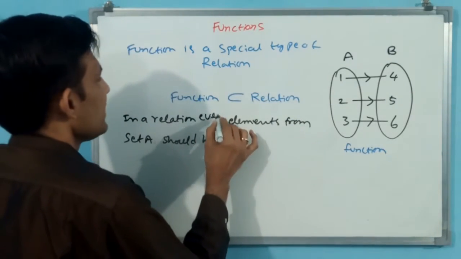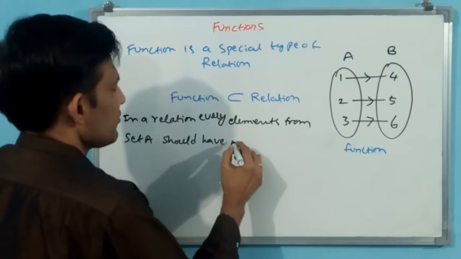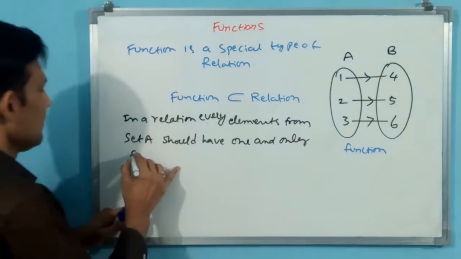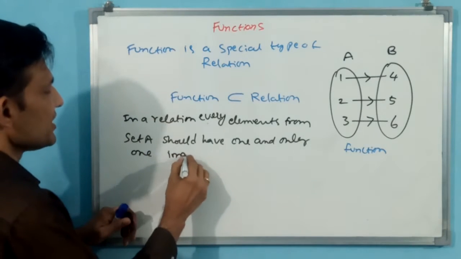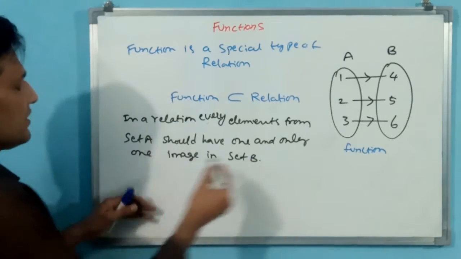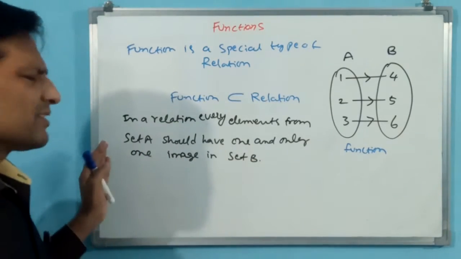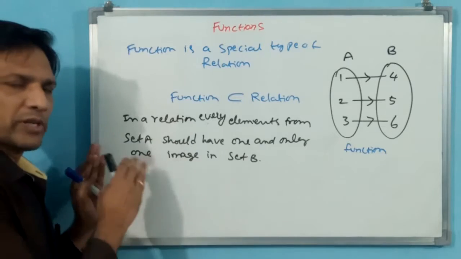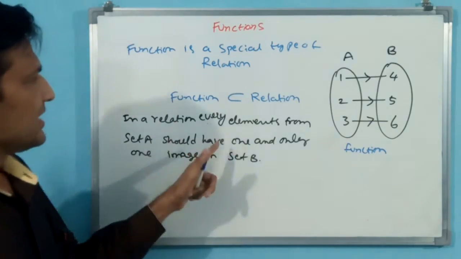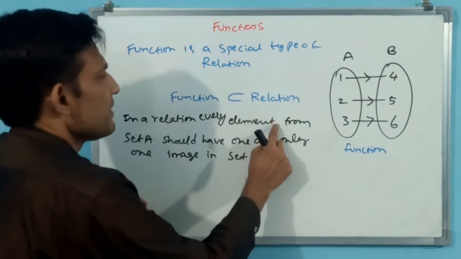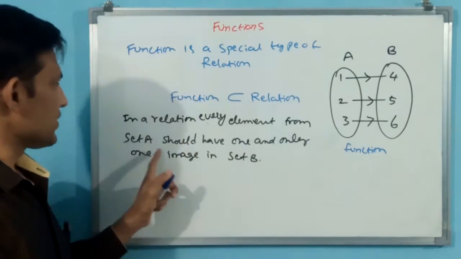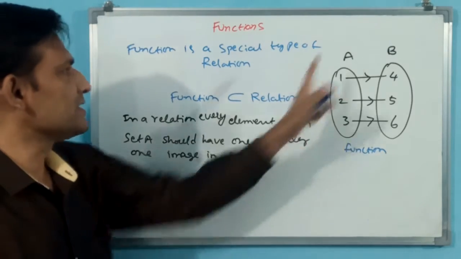Every element from set A should have one and only one image in set B. Set A, set B. Even if I write or don't write it, a capital letter represents the set. In a relation, every element, write only element, don't write elements. Every element from set A should have one and only one image in set B.